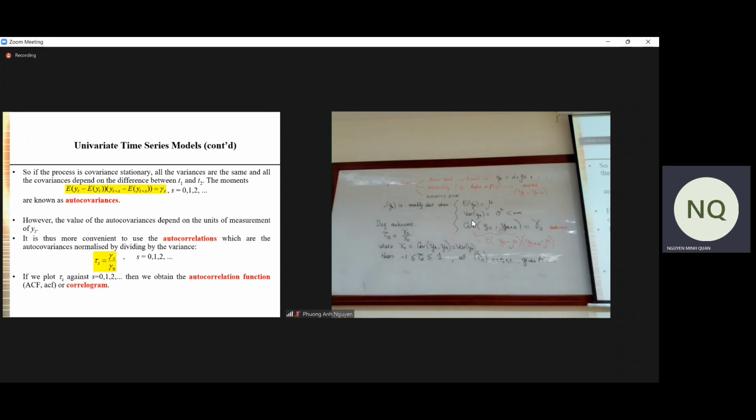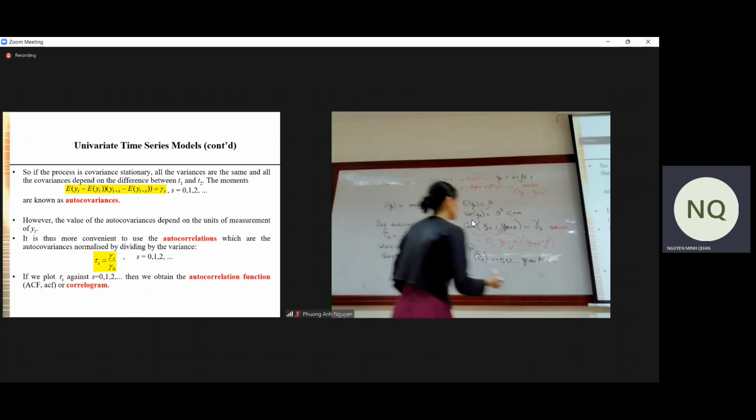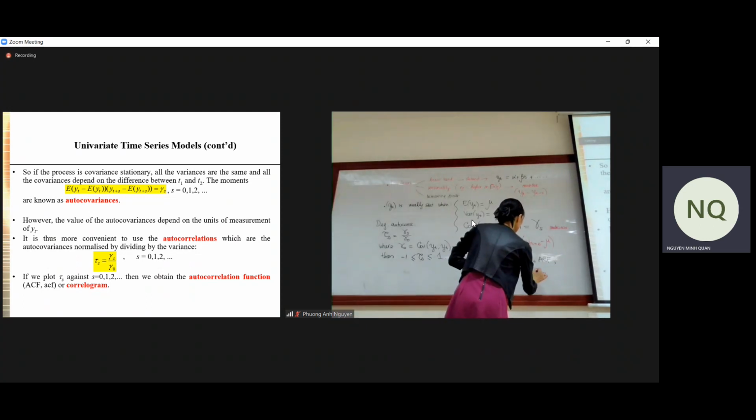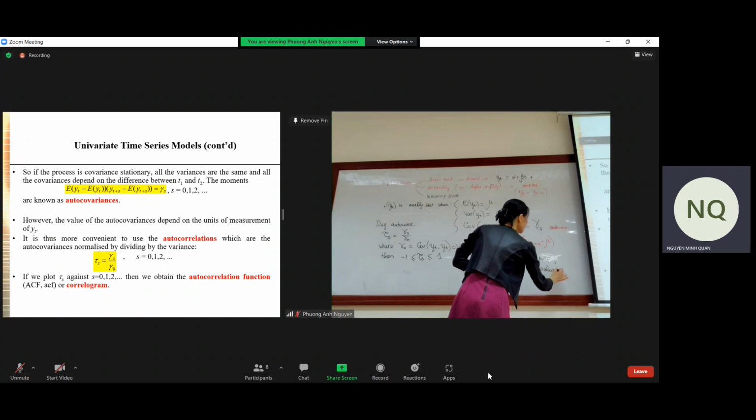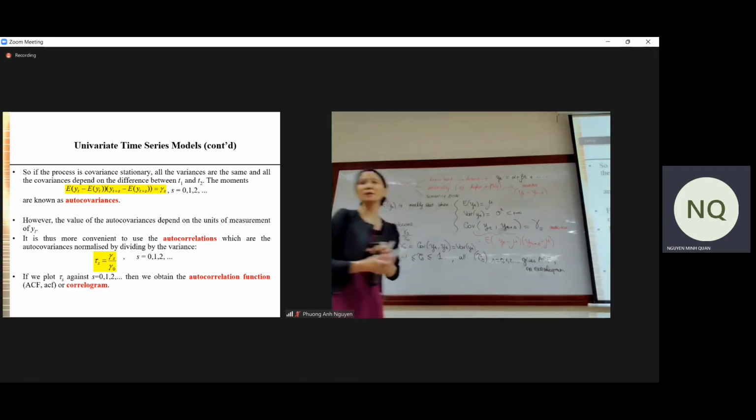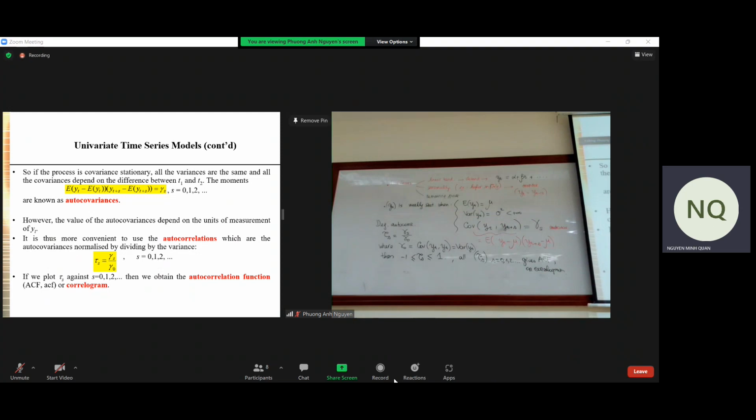You have probably seen that at some point: the autocorrelation function, ACF, or correlogram. A for autocorrelation, function. When you put all the values of tau together.